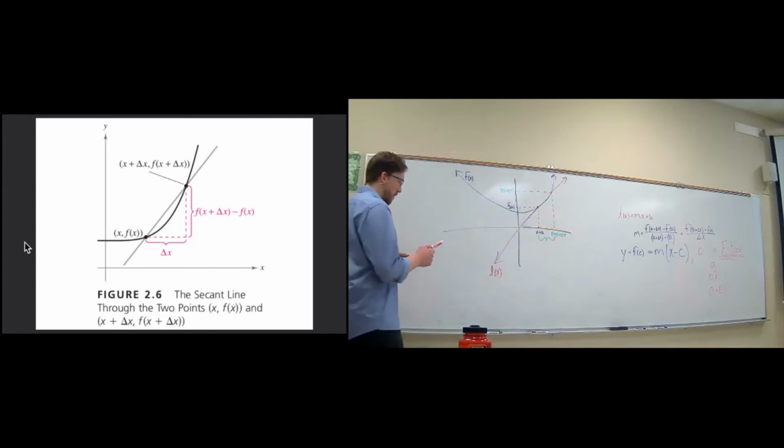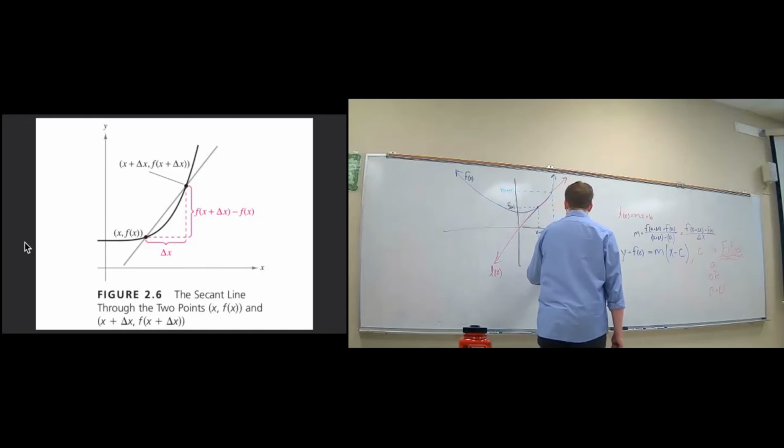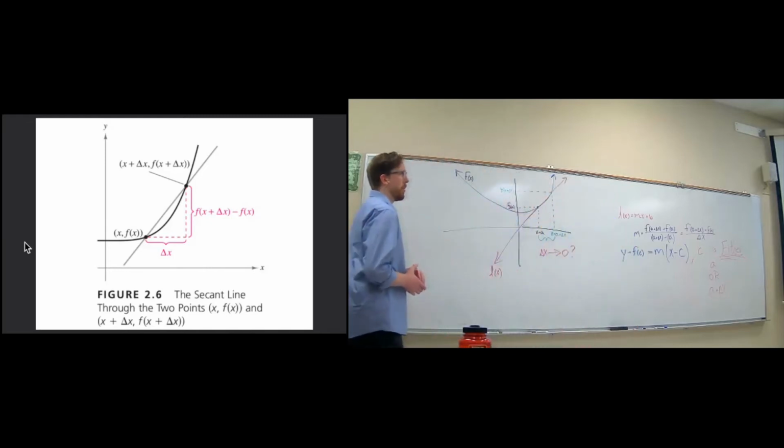Now the question becomes, like I said in last class, what happens when you let delta x go to 0? What happens then?